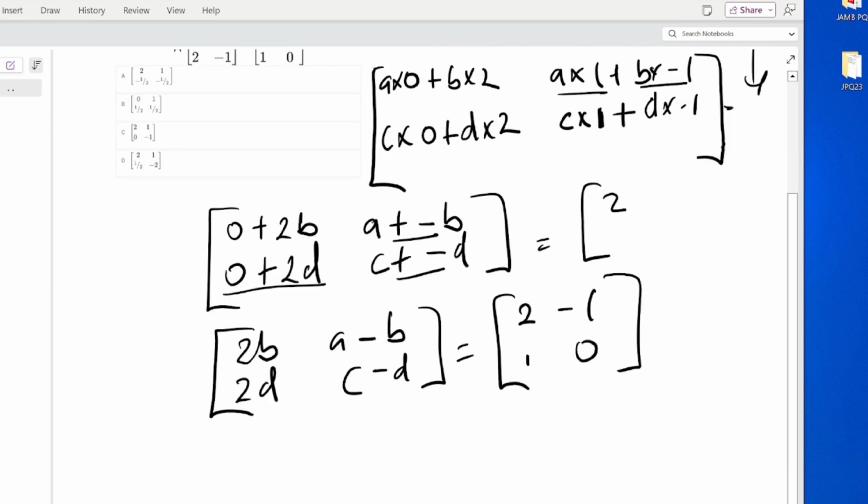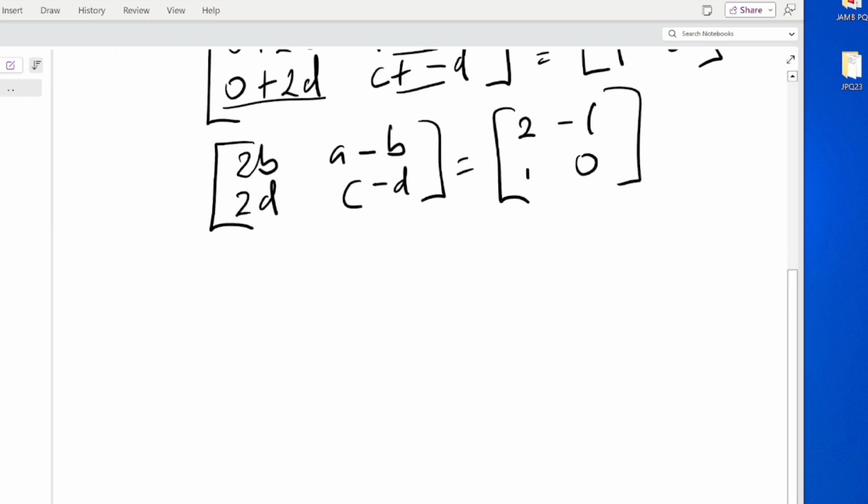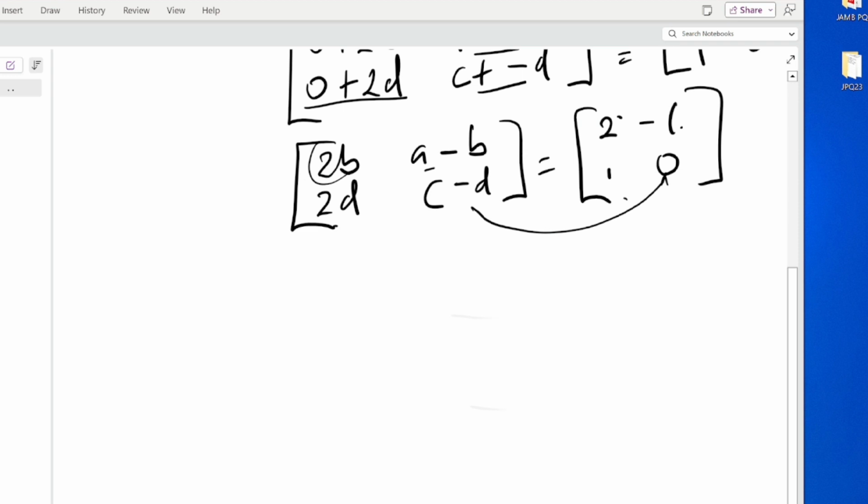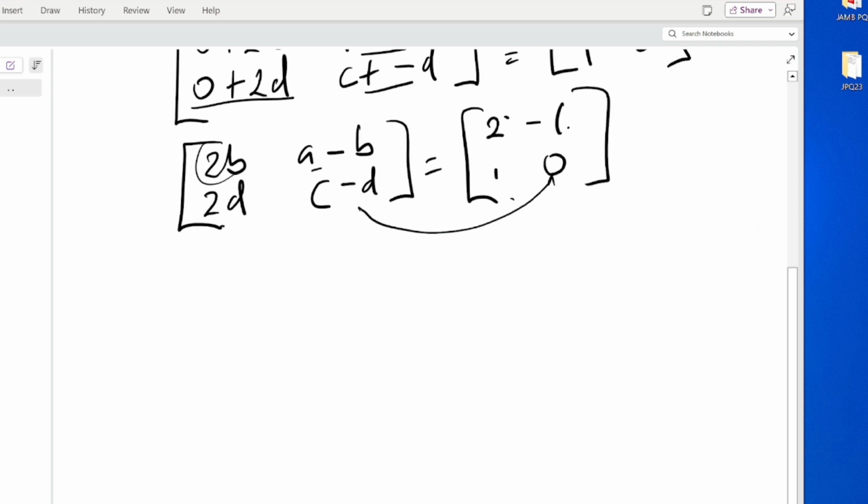Even on this side, 2, 1, minus 1, 0. And we have to equate the value of this to this, this to this, this to this, this to this. It's like forming a kind of simultaneous equation.